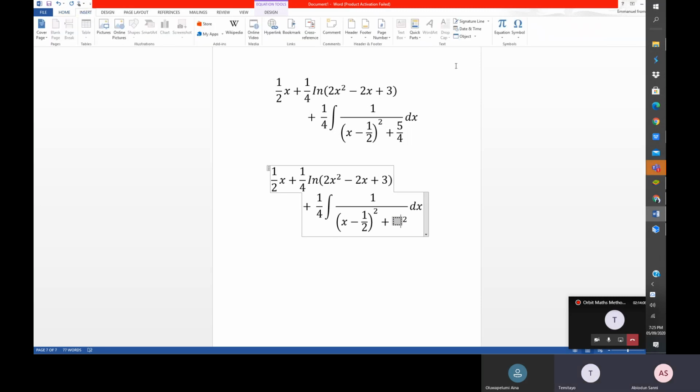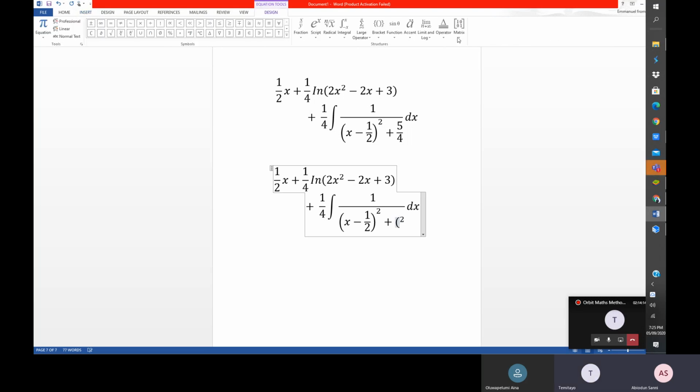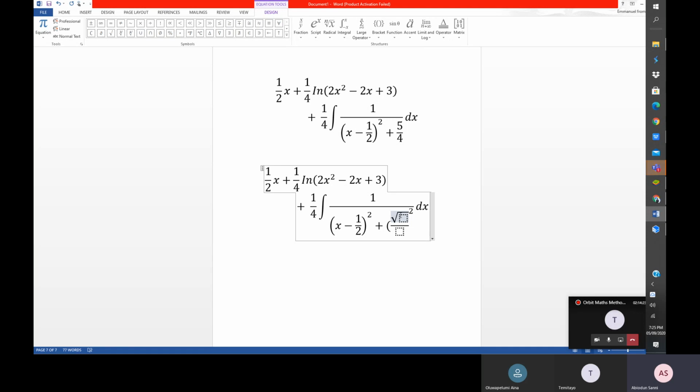So I'll go to square root of 1 over 2. Because I put rational form here, so I'll put square root here. I've put the brackets here.